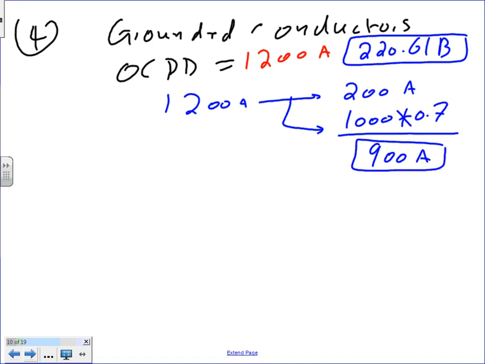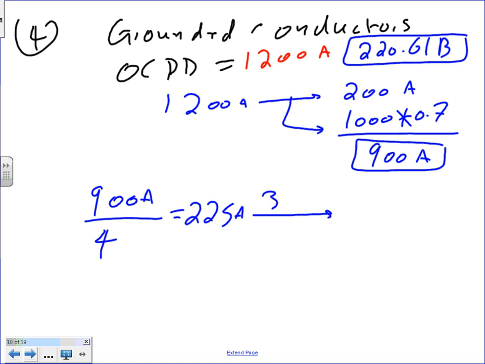I want you to understand that I already made up my mind to parallel how many sets? 4. I have no choice now. I'm stuck with 4. So I take the 900 amp and parallel 4 this time, because I already made up my mind. That'll give me 225 amp, and you're going to go to 310.15(B)(16) under the 75-degree column.